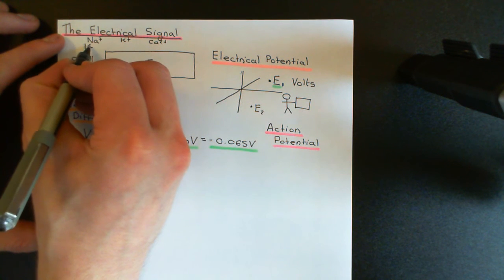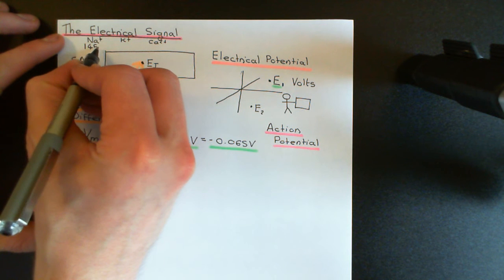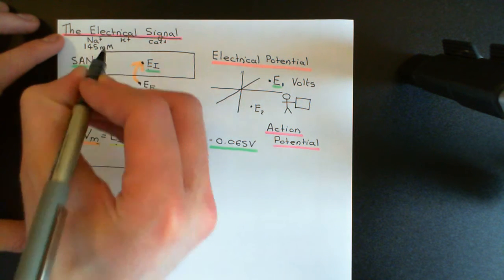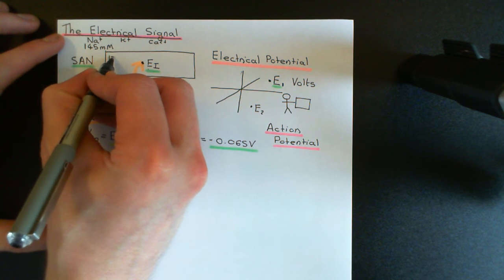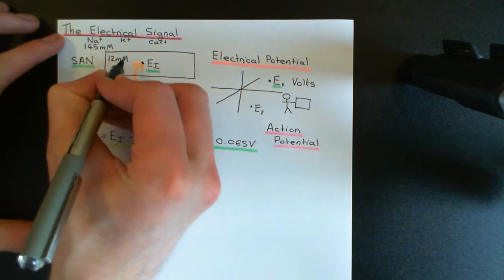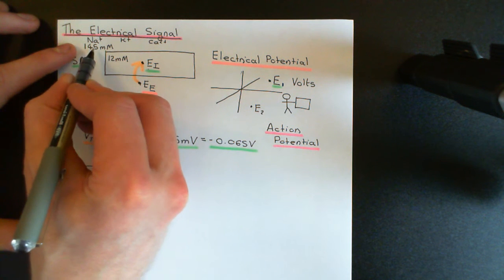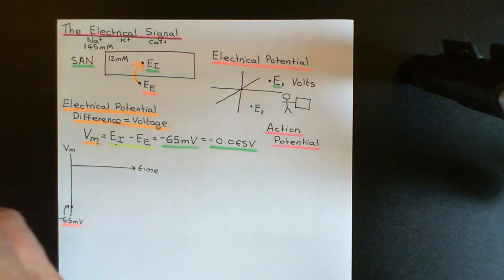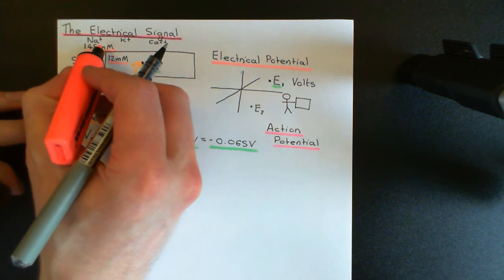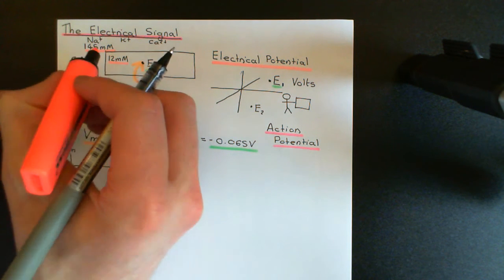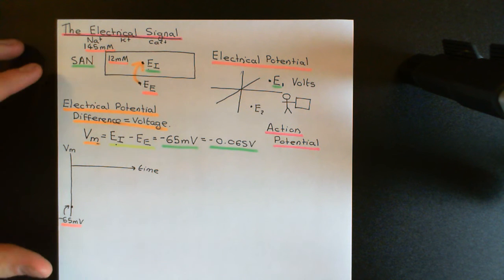These numbers will vary depending on your source, but usually people quote the extracellular sodium concentration as being around 145 millimolar and around 12 millimolar intracellularly. So there is around a 12-fold concentration gradient of sodium favouring its movement into the cell. If you were to open channels across the cell membrane, this would favour the movement of sodium into the cell, and that's an important concept to bear in mind. It's going to become really important.